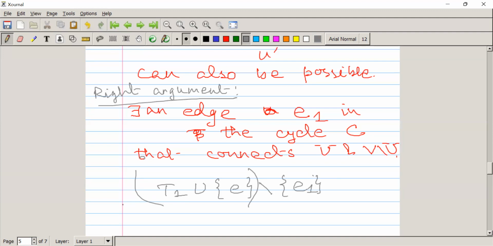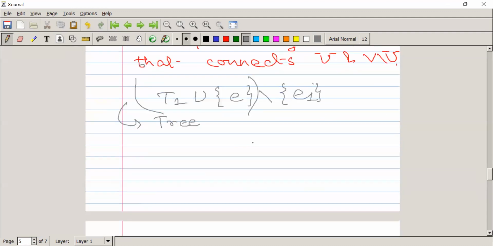This will again form a tree, right? Yes, ma'am. Say this tree is T3. Now, what is the weight of T3? This is the weight of T1 minus the weight of E1 plus the weight of E, right? Is it true? Yes, followed from the last.